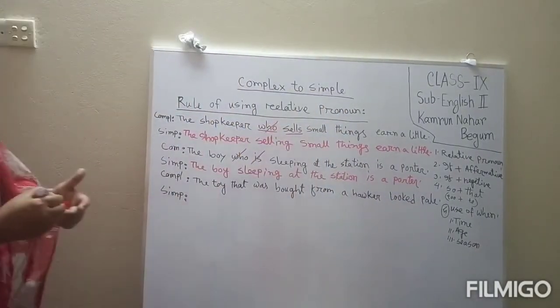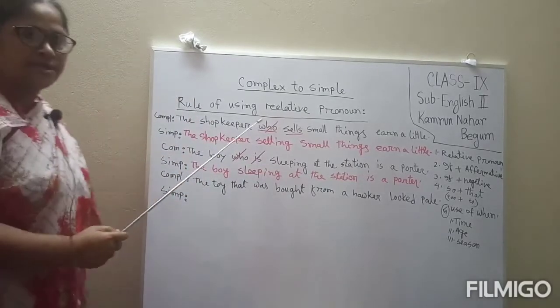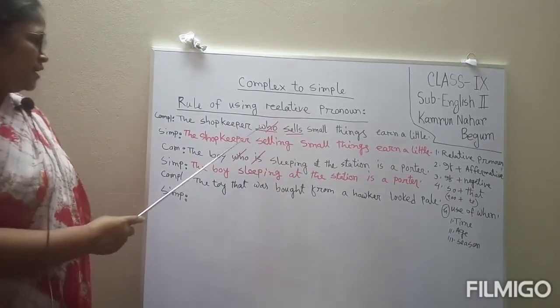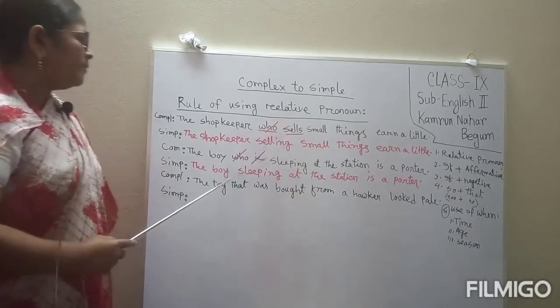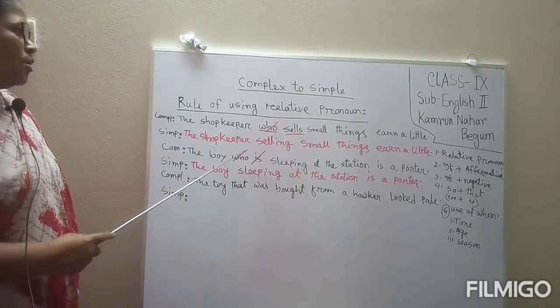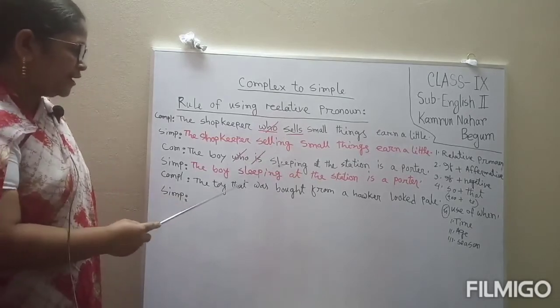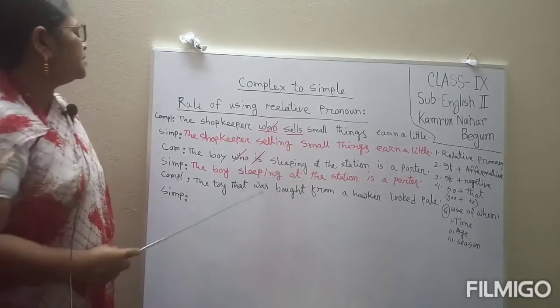Dear learners, both sentences have a relative pronoun, but the rules are different. One is without an auxiliary verb and another is with an auxiliary verb. One is without forming ing and another is with ing.